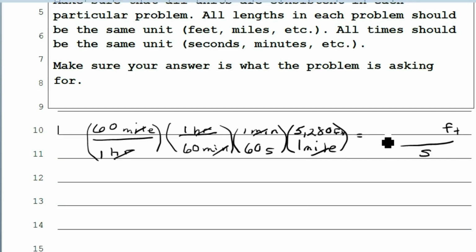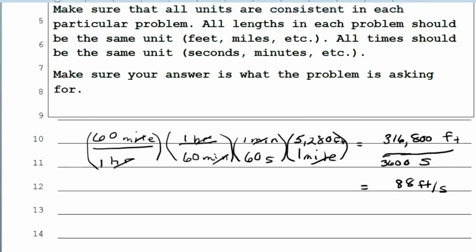When you multiply them all out, you'll find that 316,800 feet per 3,600 seconds. And simplifying that, we come up with 88 feet per second. So 60 miles an hour converts to 88 feet per second.